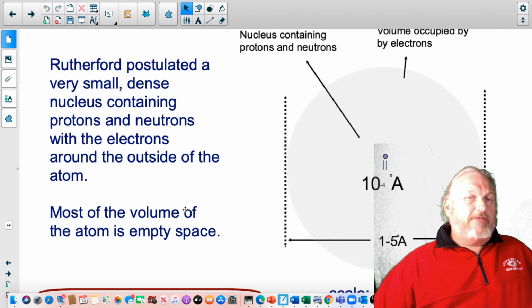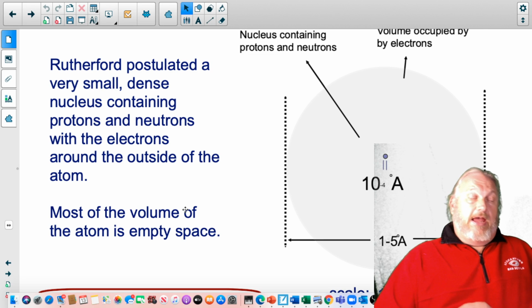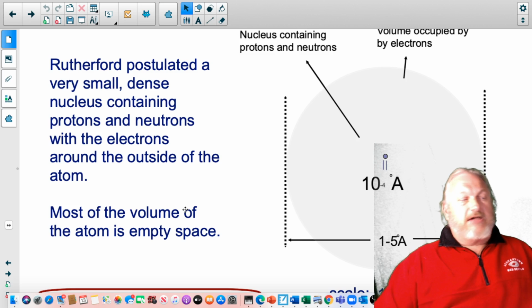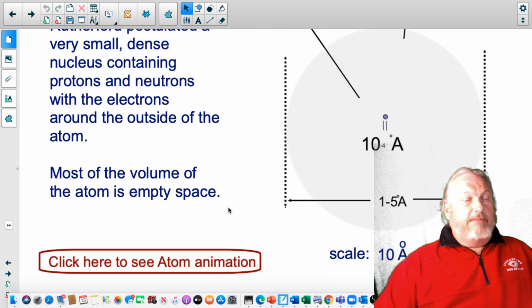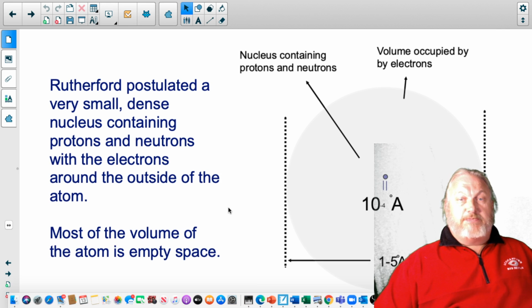So Rutherford postulated that there was a very small, dense nucleus and that it contained protons, and he didn't really know about neutrons yet. And the electrons are around the outside of the atom, and most of the atom is empty space, not air, just space, or nothing.